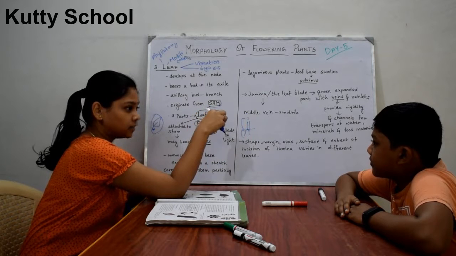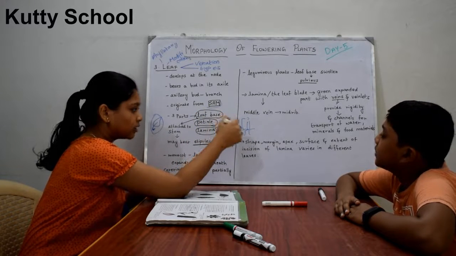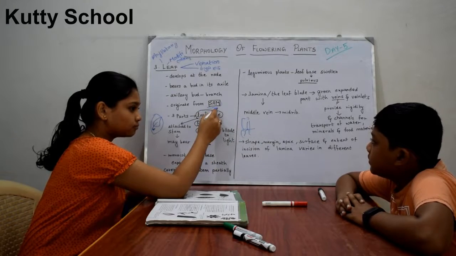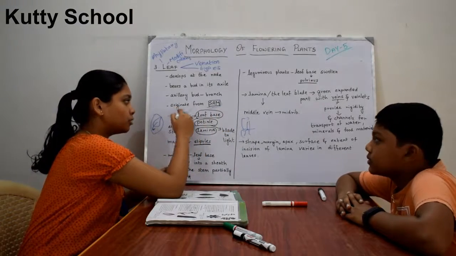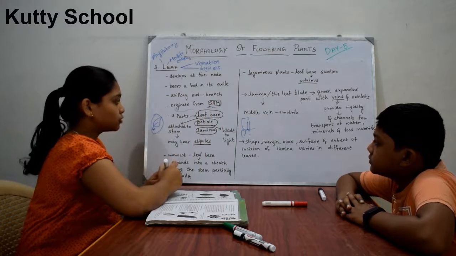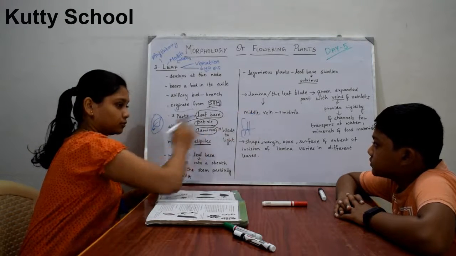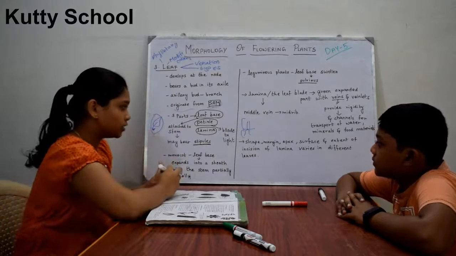Meristems are specialized dividing cells present there. They continuously divide, and some of the cells help in the origination of the leaf. So these leaves originate from the shoot apical meristem at the top of the shoot.